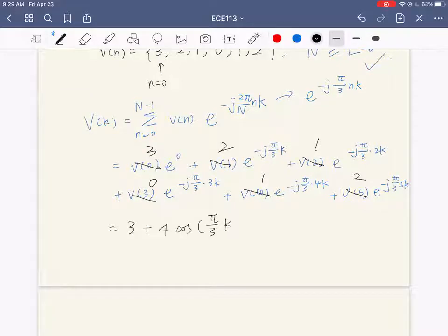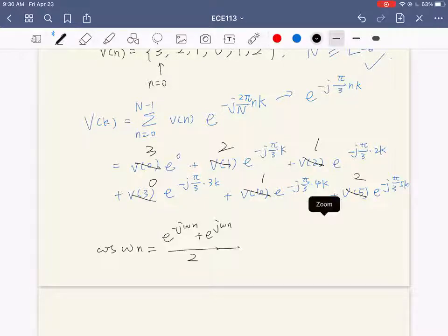Sorry, can you show that? I was kind of confused on the last one. Are you able to show the step for how you convert it into the cosine? Sure. Thank you. Cosine omega n is equal to half of the sum of the two exponential terms.